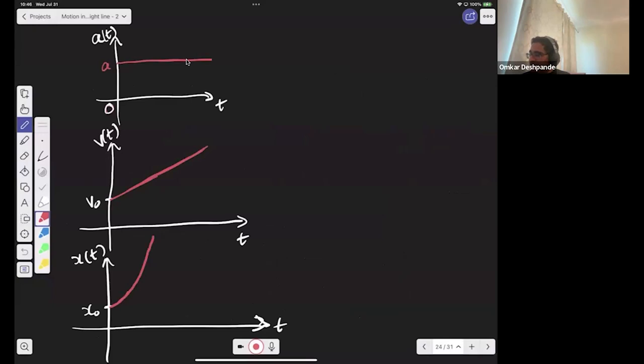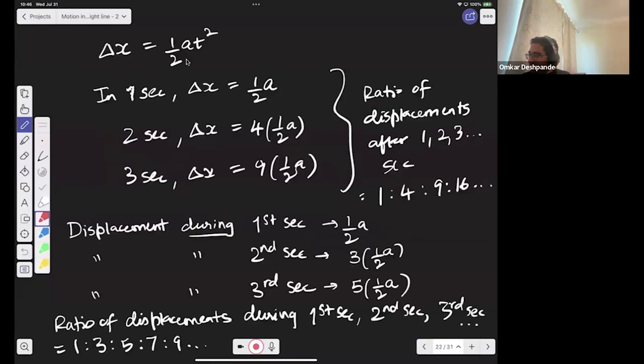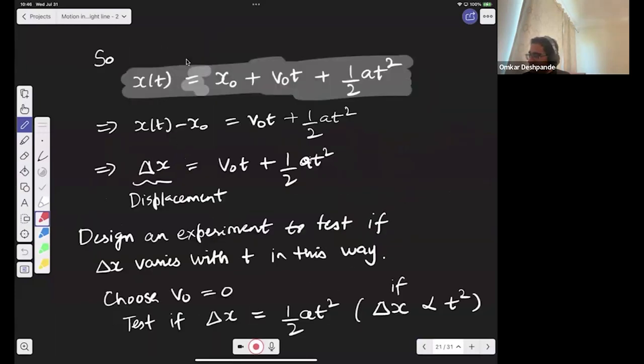But if you want to measure g, which somebody did shortly after Galileo, you can set up an experiment with initial velocity 0 and then see how the displacement really changes with time. So after 1 second, where is it?